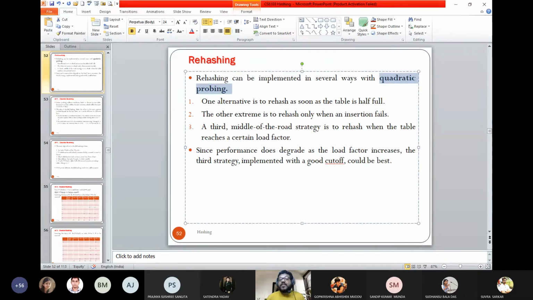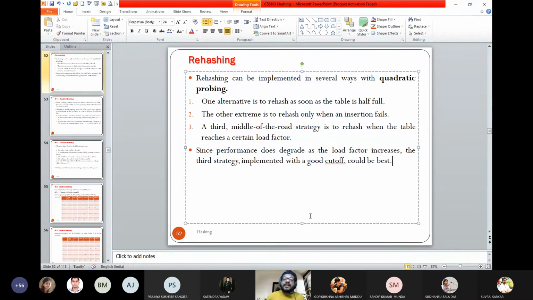So one alternative is to rehash as soon as the table is half full. It's a thumb rule. Another is to rehash only when an insertion fails. Are you getting it? You are continuously inserting; when it is half full, automatically rehash.